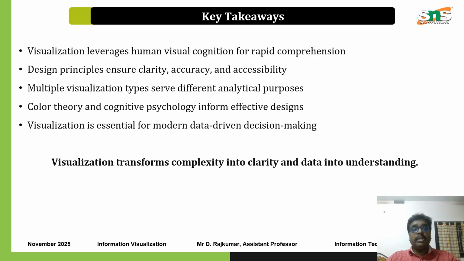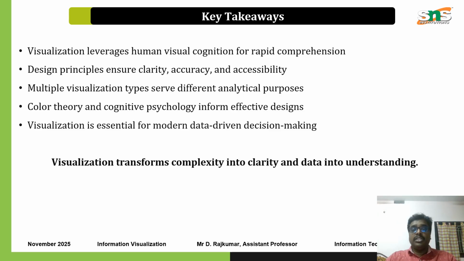And very important are color theory and cognitive psychology. If we are able to provide visualization in the form of effective designs, then it will be highly effective. Visualization is definitely essential for modern data-driven decision making, where we now rely on a single type of information, that is dashboards. Everywhere dashboards are used, so in a single look we can gain information about everything.